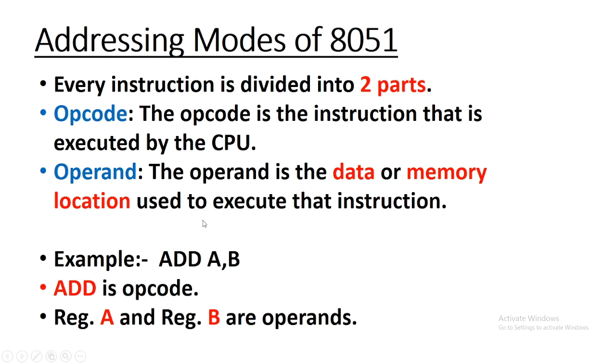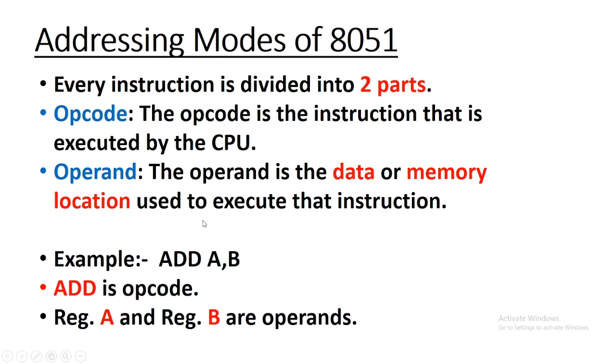Every instruction is divided into two parts, opcode and operand. Opcode is basically an instruction which performs some operation on data, and operands are the actual data stored in a register or in a memory location on which instructions are performed.